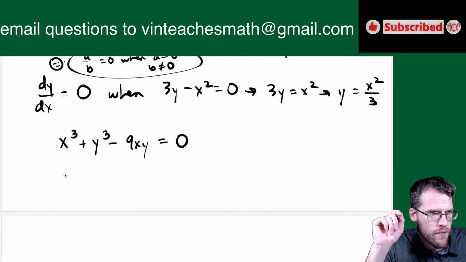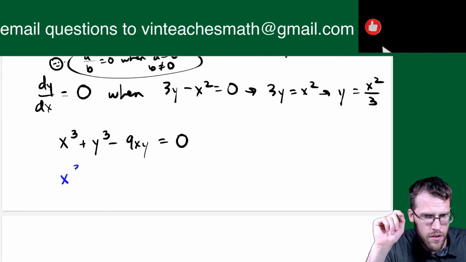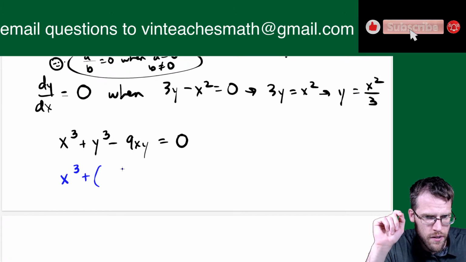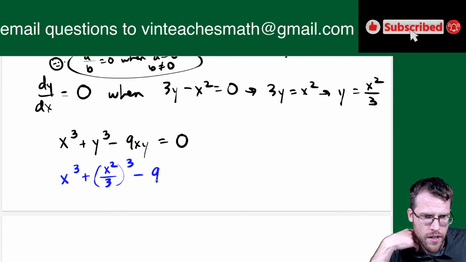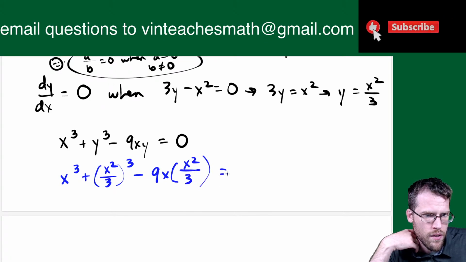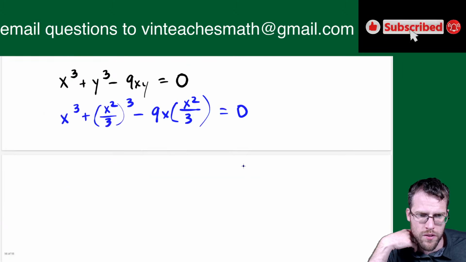So you're going to have x to the third plus, now instead of y to the third, it's going to be x squared over 3 to the third power. And then we're going to have minus 9x times y, which is x squared over 3, equals 0. Now we just work this out.